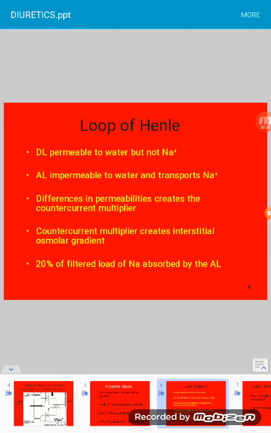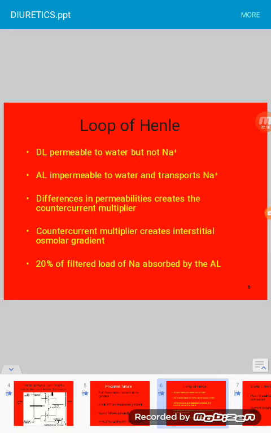In the loop of Henle, as we have studied in physiology, there is a countercurrent mechanism. The descending loop of Henle is permeable to water but not to sodium, whereas the ascending limb is impermeable to water but transports sodium. This difference in permeability creates what is known as the countercurrent multiplier. Here 20% of the filtered sodium is reabsorbed in the ascending loop of Henle.